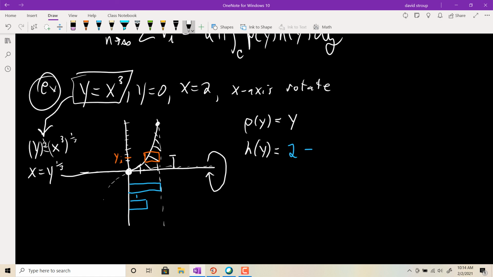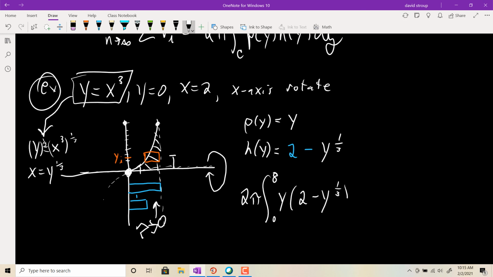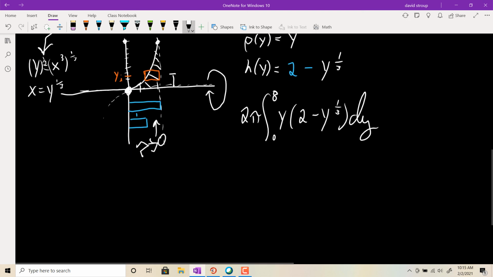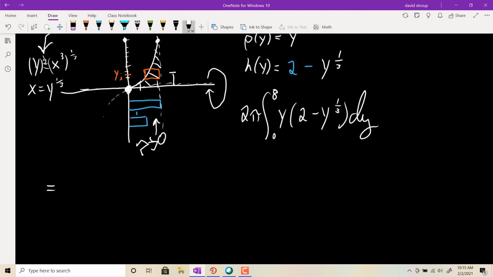So it'll be 2 minus y to the 1/3 for the height of the red rectangle. And then of course, our Riemann man is in this orientation, running up the flagpole. We'll have 2 pi going from 0 all the way to 8 on the y-axis, and then rho of y times h of y dy. Okay, and then you just have an easy integral to do, so let's clean that out.